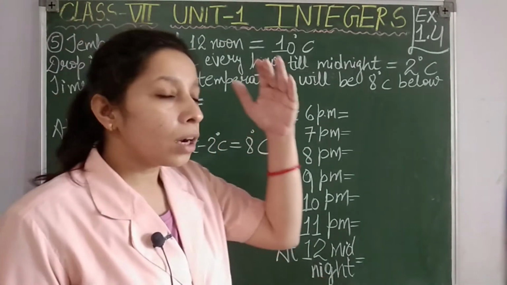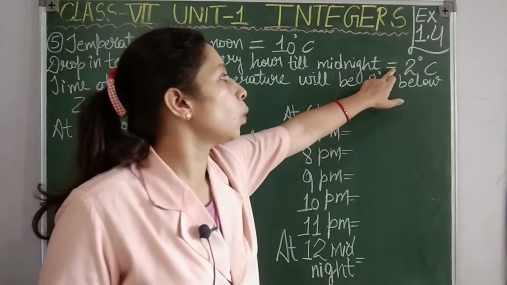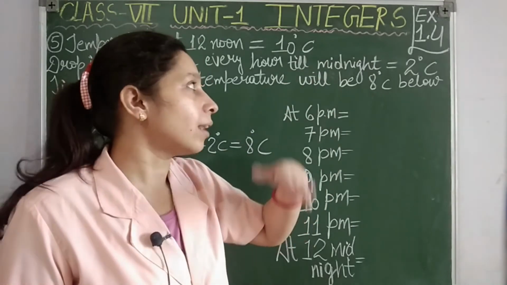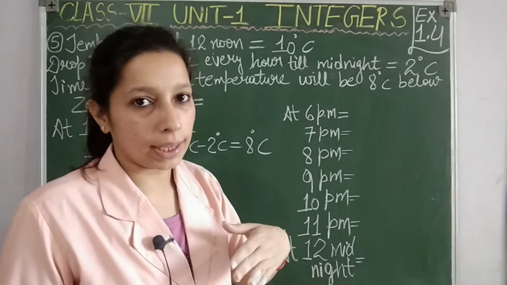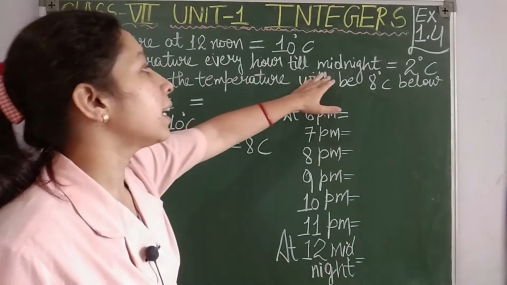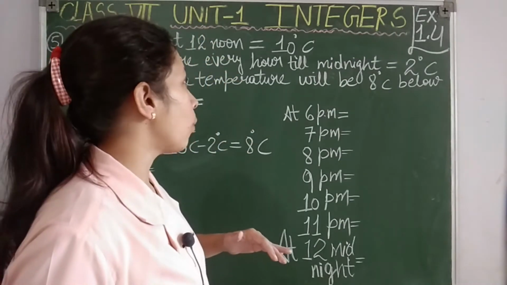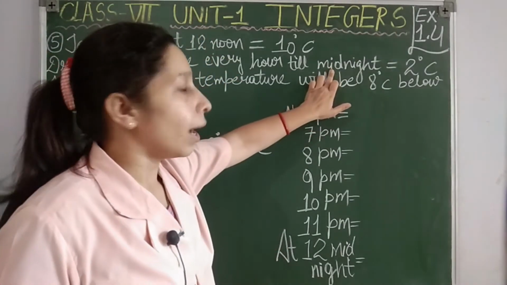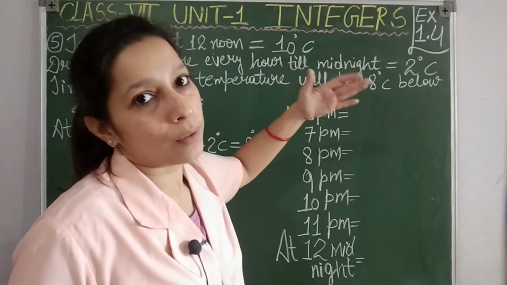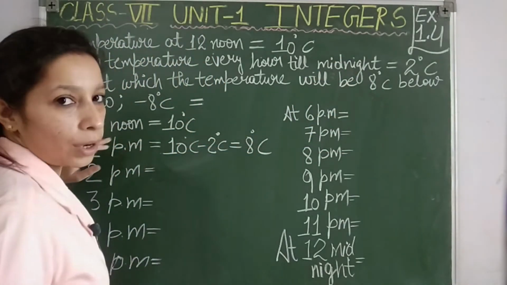Then there is a drop in temperature every hour at the rate of 2 degrees Celsius, until midnight. What do you mean by midnight? Midnight means 12 in the night. Up to there the temperature is decreasing by 2 degrees Celsius.